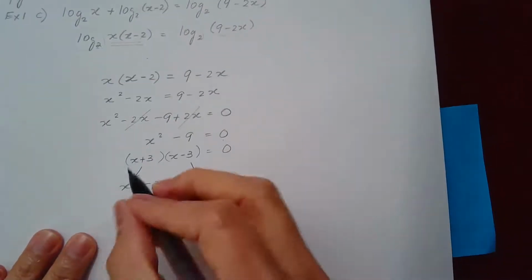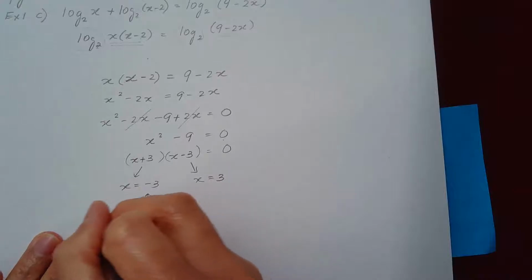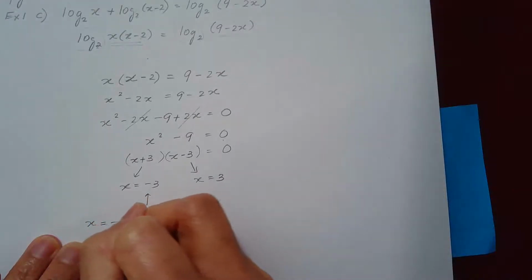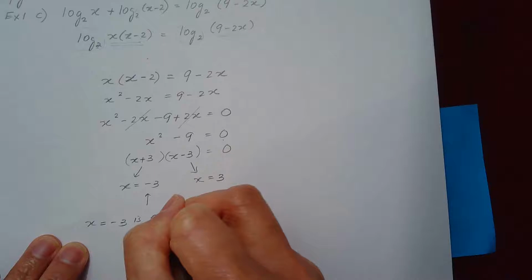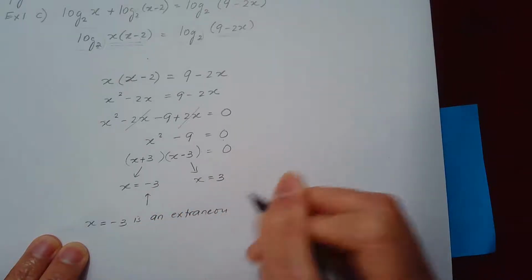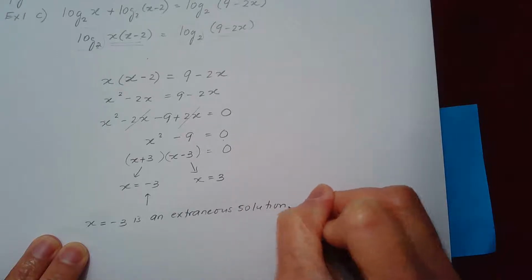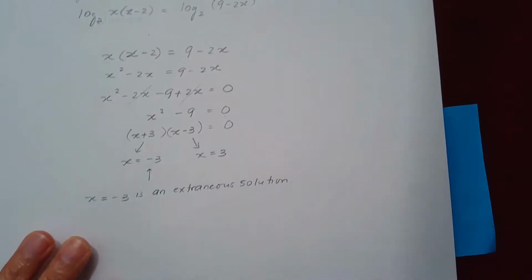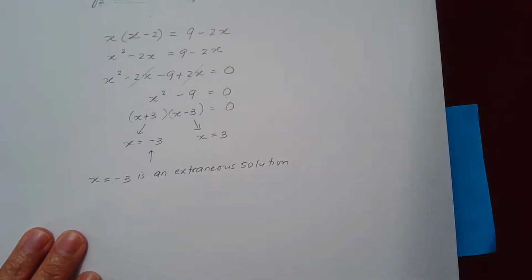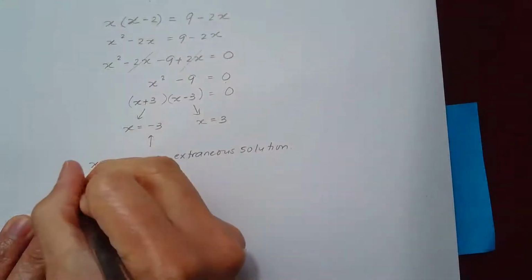So this part here, x equals to negative 3 is an extraneous solution. Okay, so therefore the only solution, okay, let's check the other one.